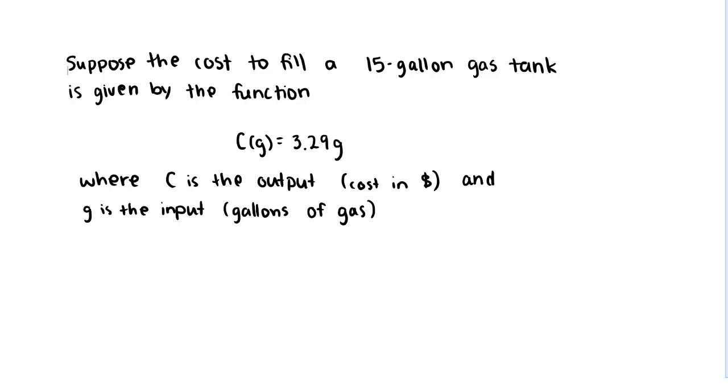Although we can plug in any value for g and obtain an output, the tank can only hold up to 15 gallons, so it doesn't make any sense to plug in anything more than 15. And moreover, we're not going to pay money to fill up negative gallons for this tank, so we shouldn't input any values below 0.